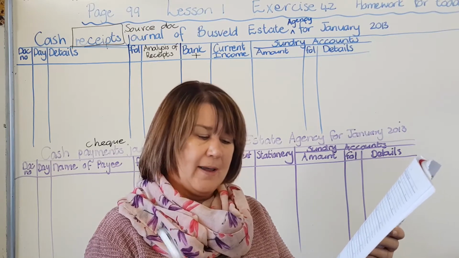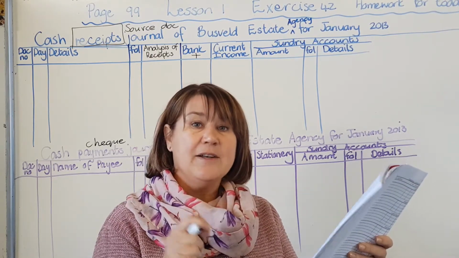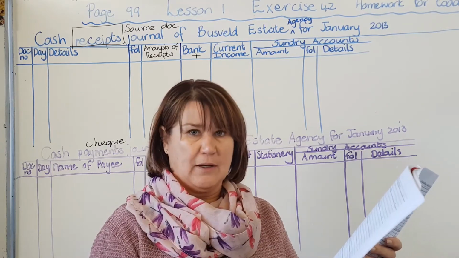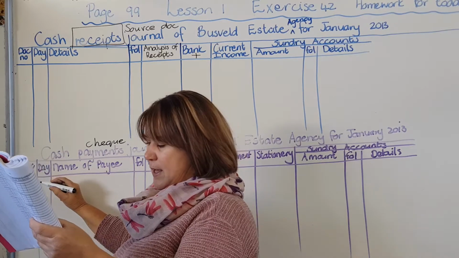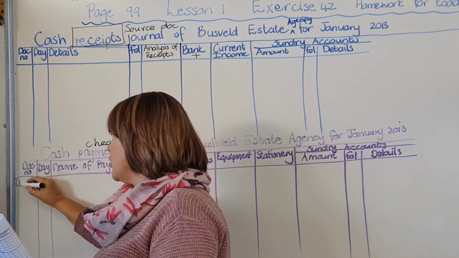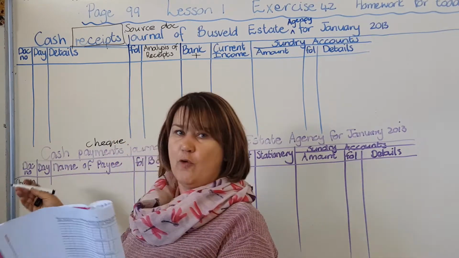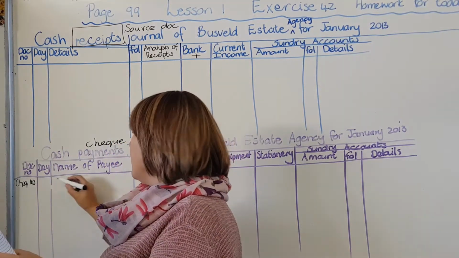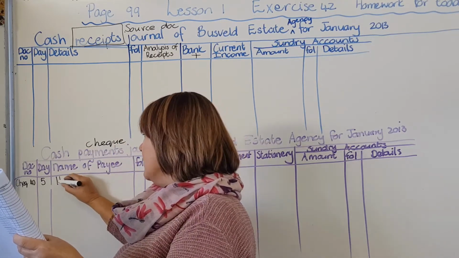What did we buy? A vehicle, and the amount 118,000. How did we pay? We pay with check. So if we paid with a check, the check number will be number 40. So check number 40, or just C40, doesn't matter. On the 5th, who did we pay? Harper Motors.